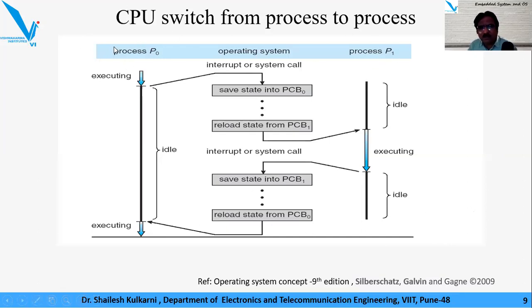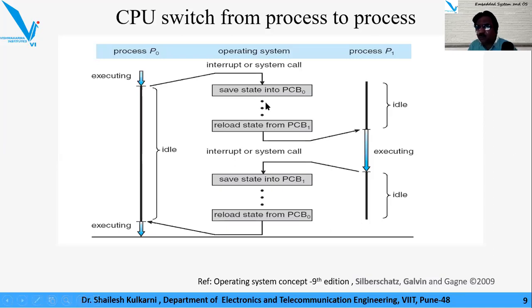If you see, it is clearly given in a diagrammatic way: when switching from process 0 to process 1, process 0 is executing, and let's say you get some interrupt or some system call. So it has to save the state into the process control block of 0, which is related to process 0. Then after doing that, it has to reload the state from process control block 1.